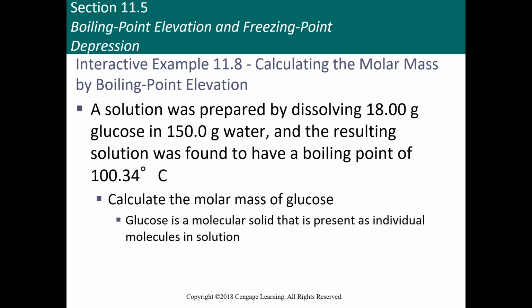Okay, so we have here a freezing point, or I'm sorry, I'm doing boiling point elevation. So we have our value that is resulting from that elevation. We have the mass of water, we have mass of glucose. We need to calculate our molar mass. And that means we need to ultimately calculate out moles because we already have mass, don't we?